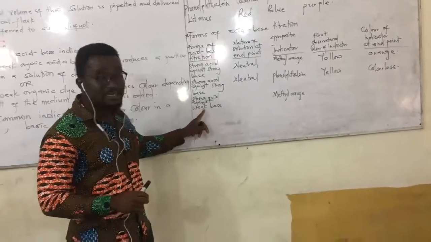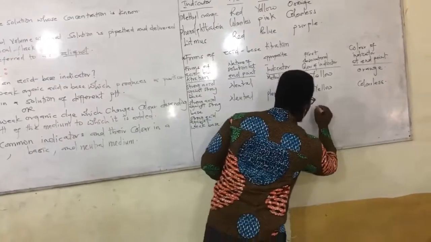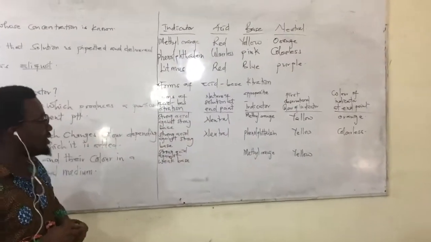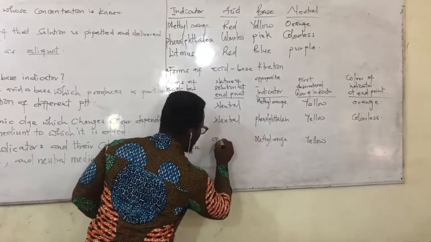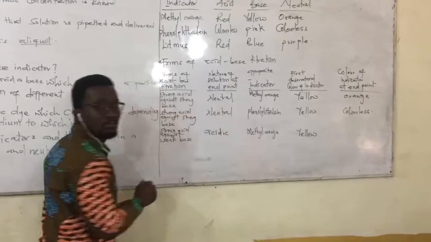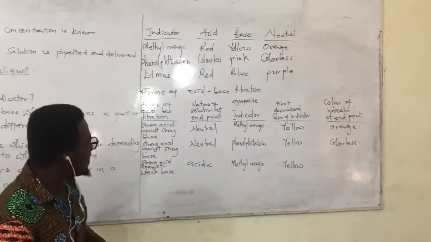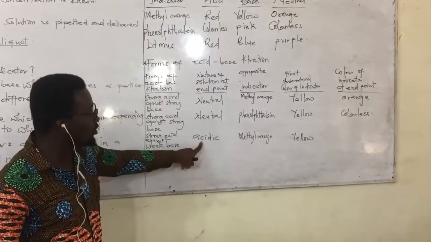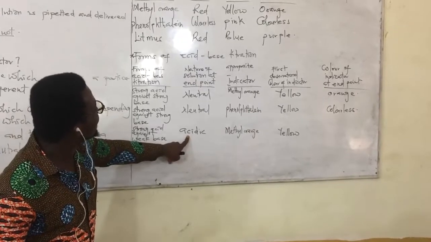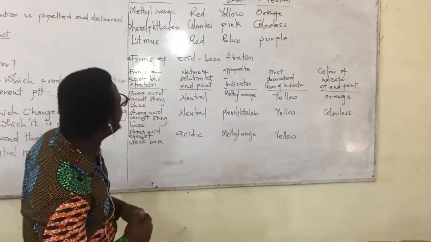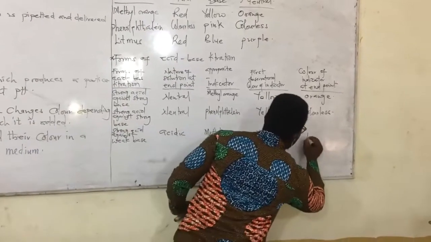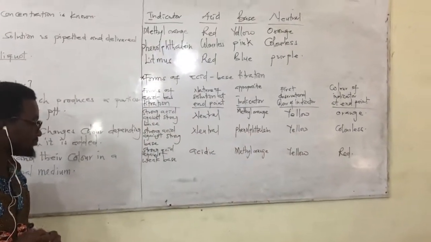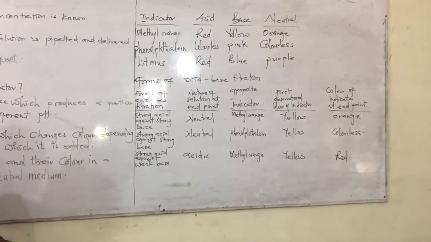The color of methyl orange in that weak base will be yellow. At the endpoint, our solution will be acidic. If the solution is acidic, then methyl orange will produce a red color. Not pink, a red color.